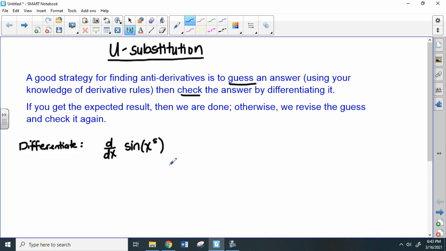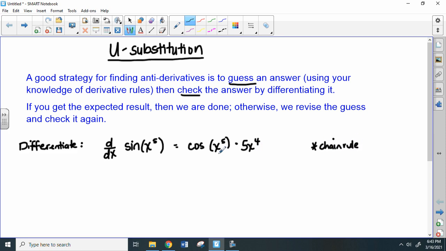Let's first remember how to do that. This is sine of something other than just x, so the derivative of sine of something is cosine of the something times the derivative of the something. Do you remember what we call that? We call that the chain rule.